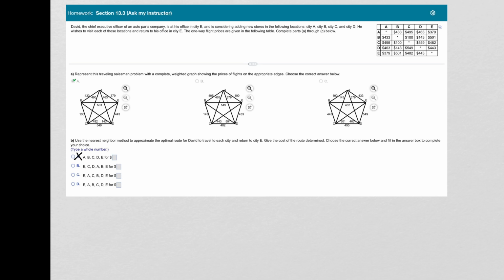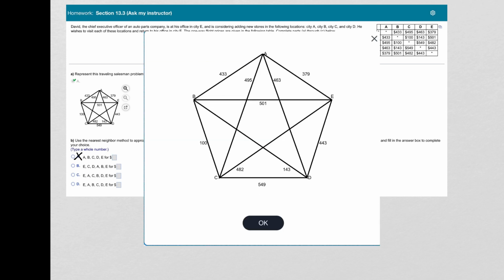So I'm going to enlarge our graph. So here we're looking at a larger version of the graph, and I need to determine which edges to travel along in order to visit every city and return to E. So we're starting in City E, and I need to look at all the costs of traveling to the other cities from City E. So I'm looking at $379, $501, $482, and $443.